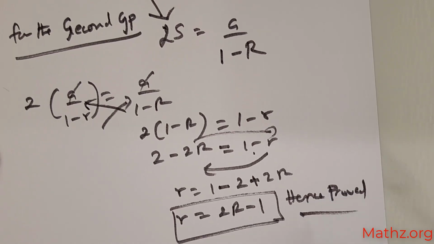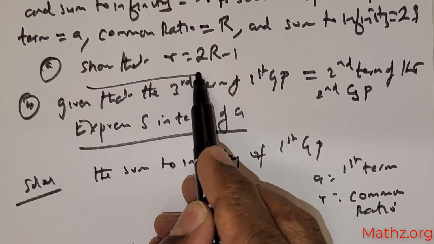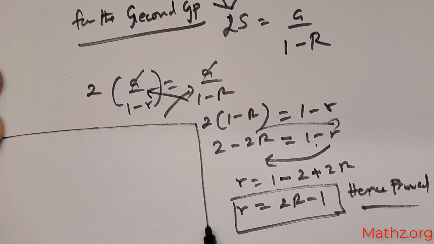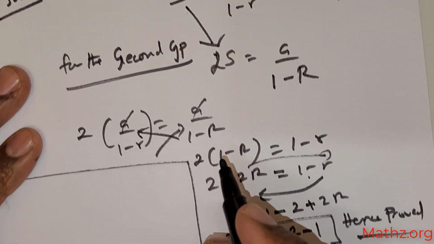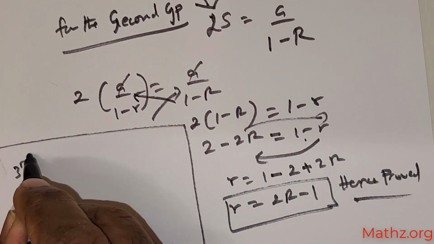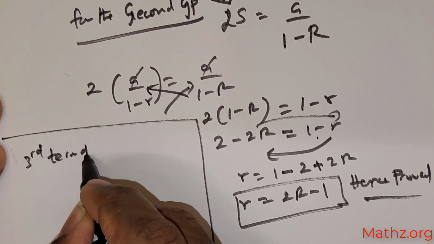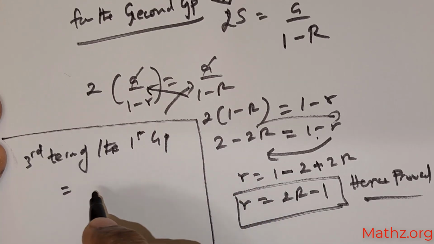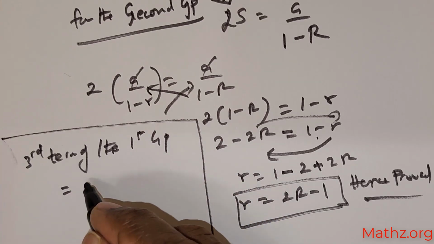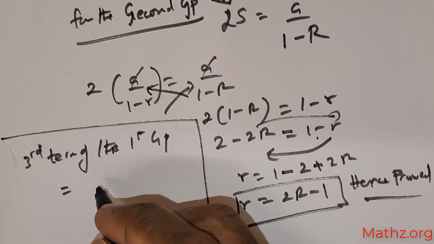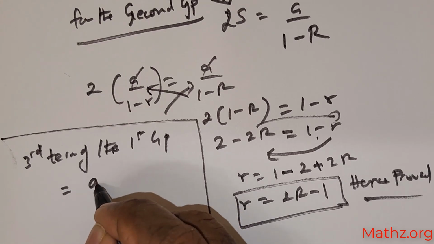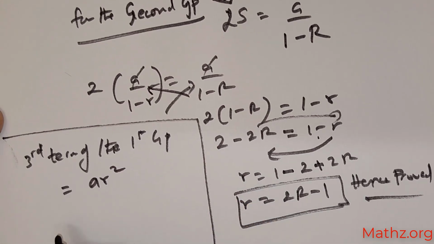Why do I say it's required? Because this is exactly what is needed. Okay, let me do the second part. Given that the third term of the first GP, now we know it has a common ratio r and the first term is a, so the third term will be of the form a times r squared.